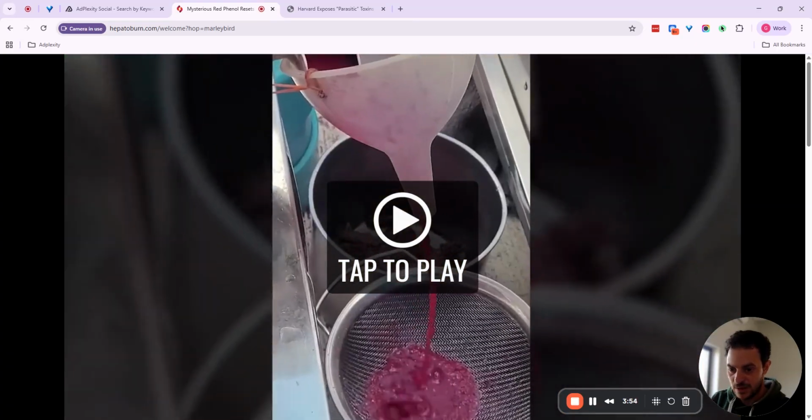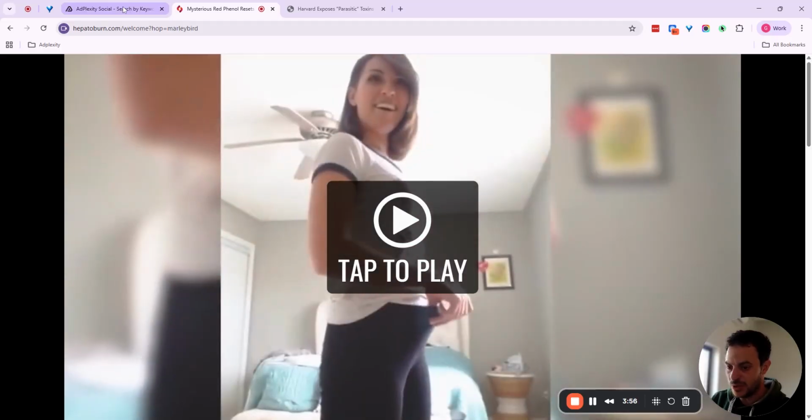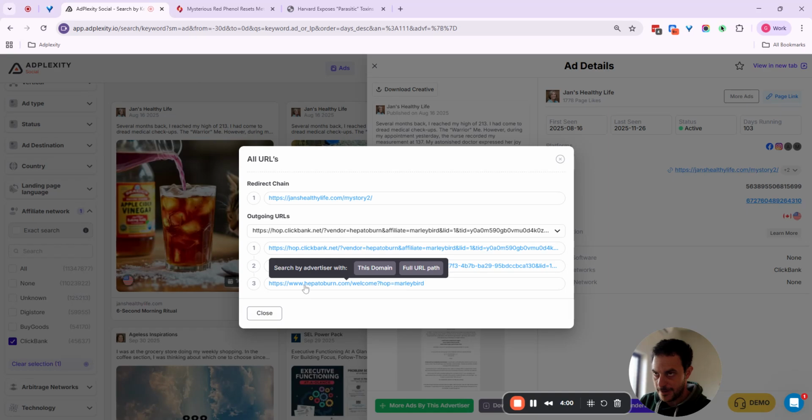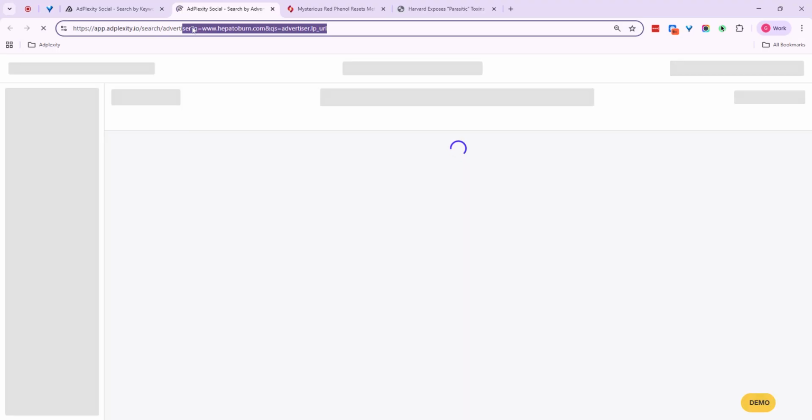All right. Nice. Let's go a little bit deeper on this one, and since it's a very old running offer, let's look at more ads by this advertiser. And by advertiser in this case, we mean the actual offer.